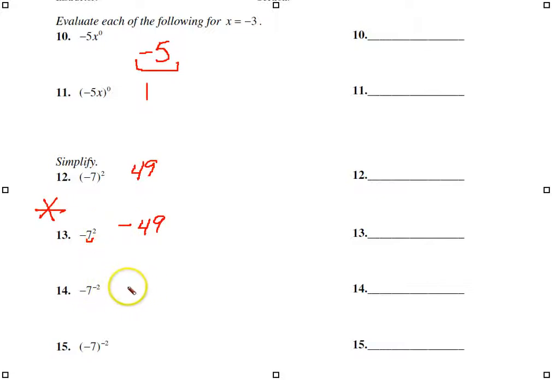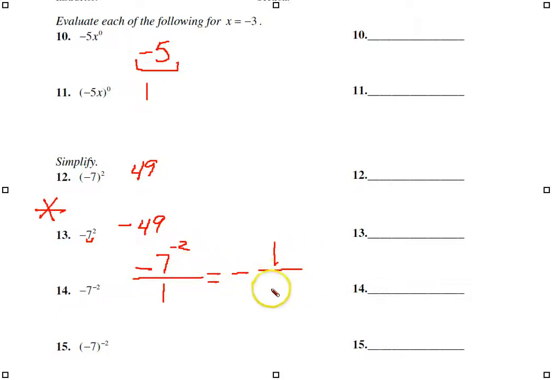Now a negative exponent. So watch this carefully. This is a -7 to the -2 power. And in a sense, that's all over 1. Every number is over 1. But in order to do this, we can put that negative out here by the division bar. A 1 stays up in the numerator, but watch now what happens to this.